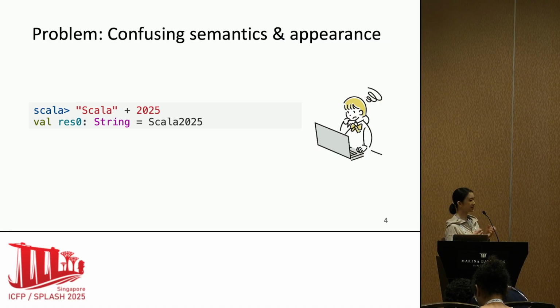And this kind of heterogeneous addition could be surprising to my students. And also, the resulting string is displayed without being surrounded by quotation marks. And that is inconsistent with my students' knowledge that strings are always surrounded by quotes.